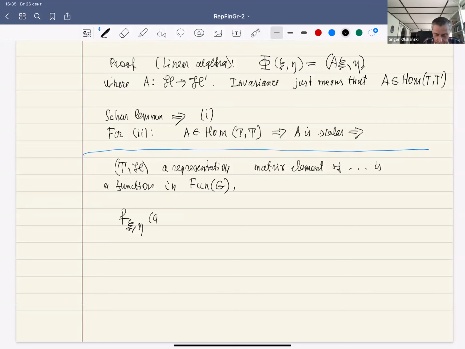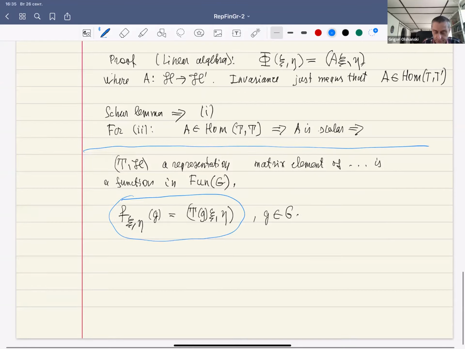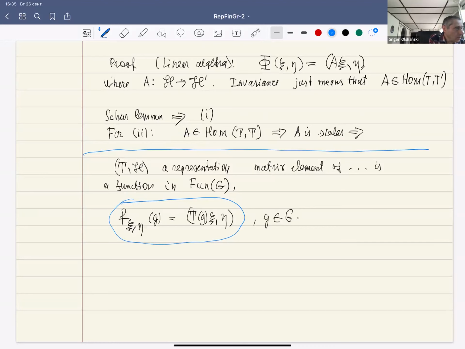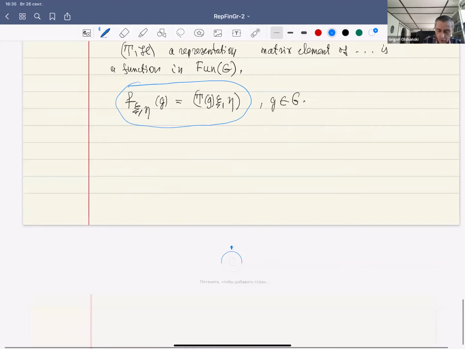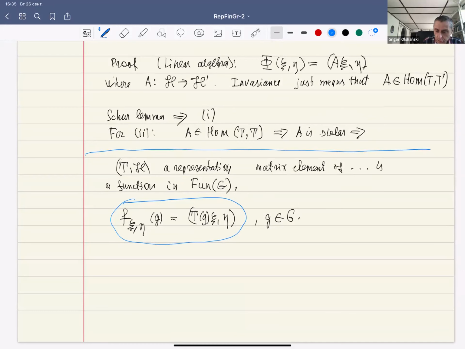So the function in question is the following: this is my scalar product, and this is a function on G. So this is a matrix element which corresponds to a couple of vectors, psi and eta. And what next? Next, a little definition. I want to fix a scalar product.